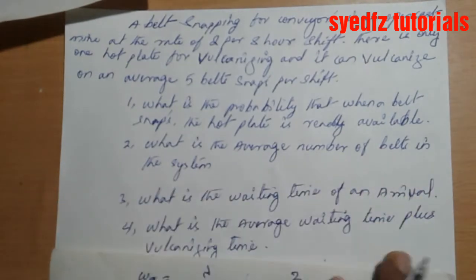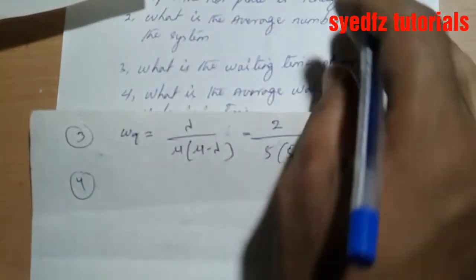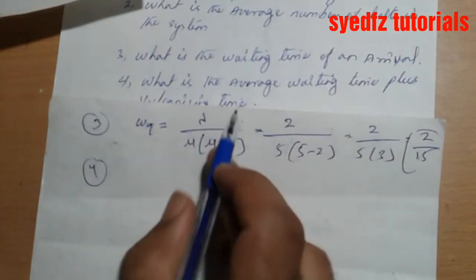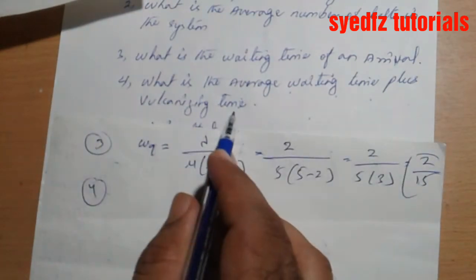Now the fourth one: what is the average waiting time plus vulcanizing time?